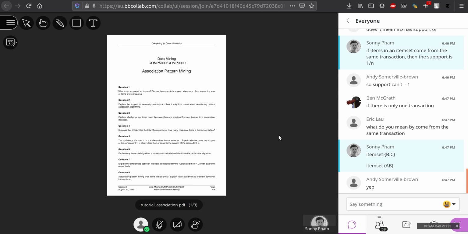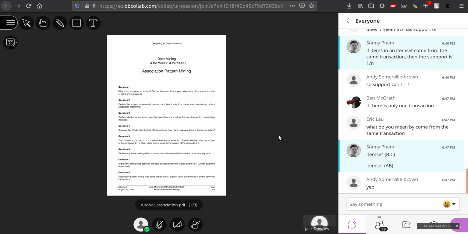Jack, if you can speak. Yes, excuse me, I'll take a stab. It's used by the Apriori algorithm, and it takes advantage of that because the support monotonicity property is a postulate for the downward closure property.